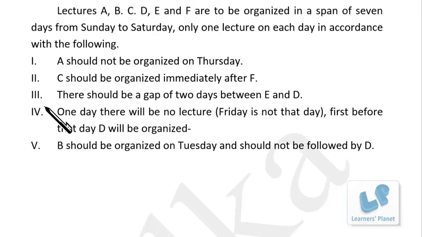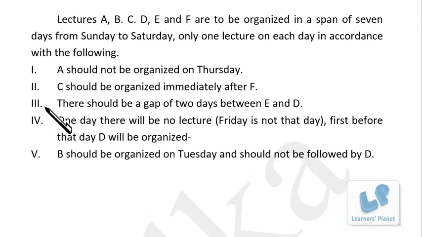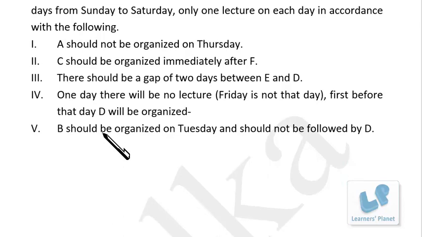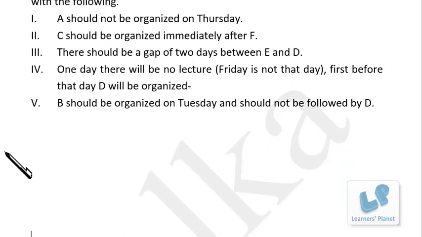Lectures A, B, C, D, E and F are to be organized in a span of 7 days, Sunday to Saturday. 7 days are there but 6 lectures are there, which means one day there is no lecture. What I do is I just write down the days.